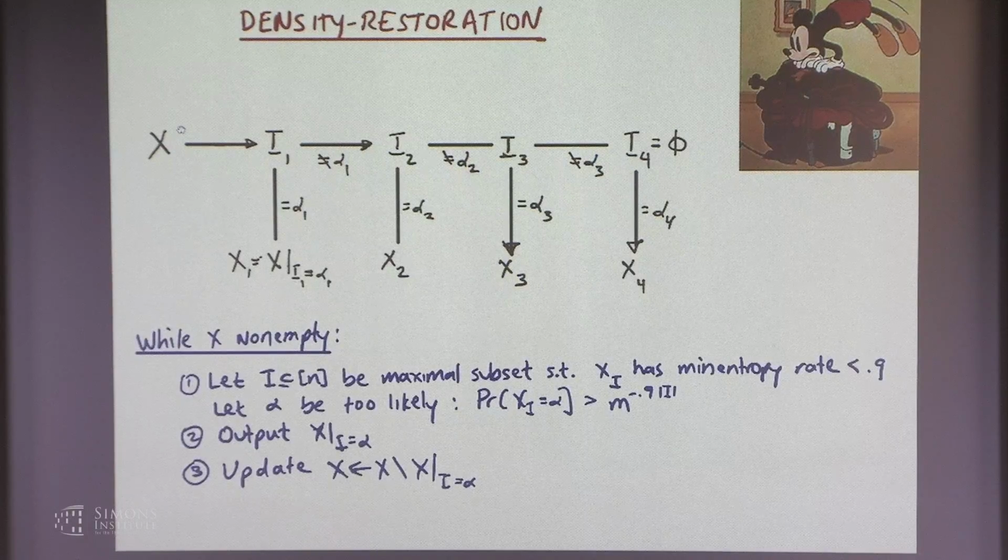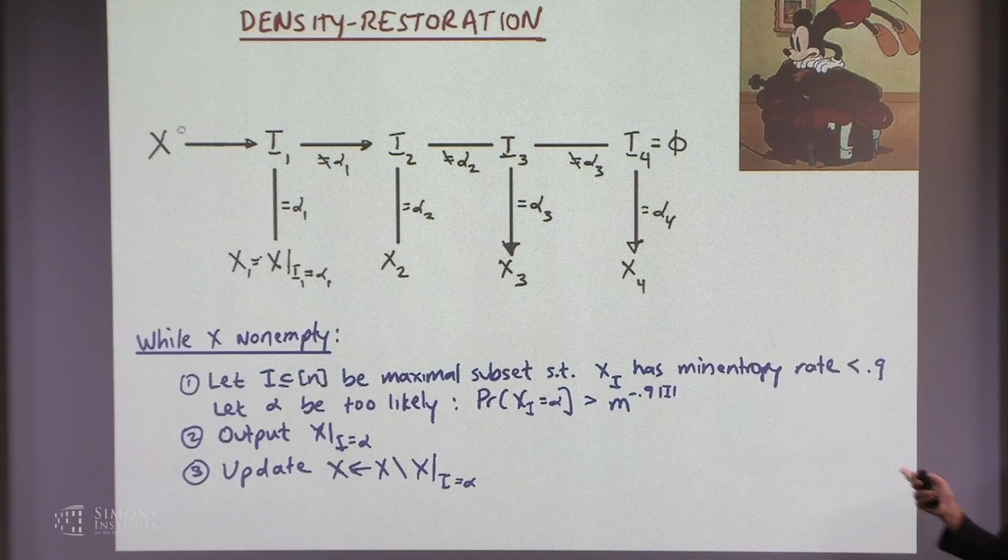Okay, so this is how you do density restoration. Like I said, we're ignoring what happens if Y isn't large enough. The only thing I'm going to worry about is if X loses density. If X loses density, there's some maximal subset of coordinates, call it I1, where density hasn't been maintained. This means that there's at least one value for all those coordinates that's too likely. Probably lots of values, but okay.